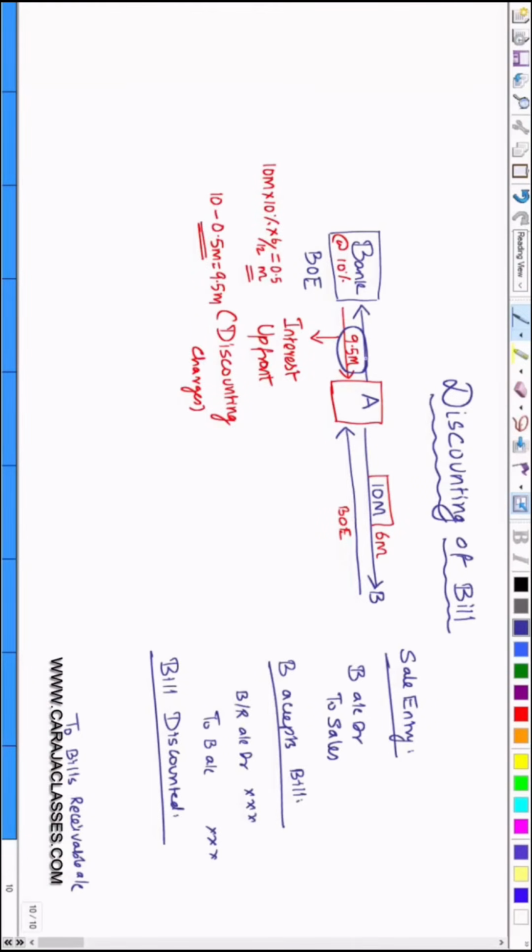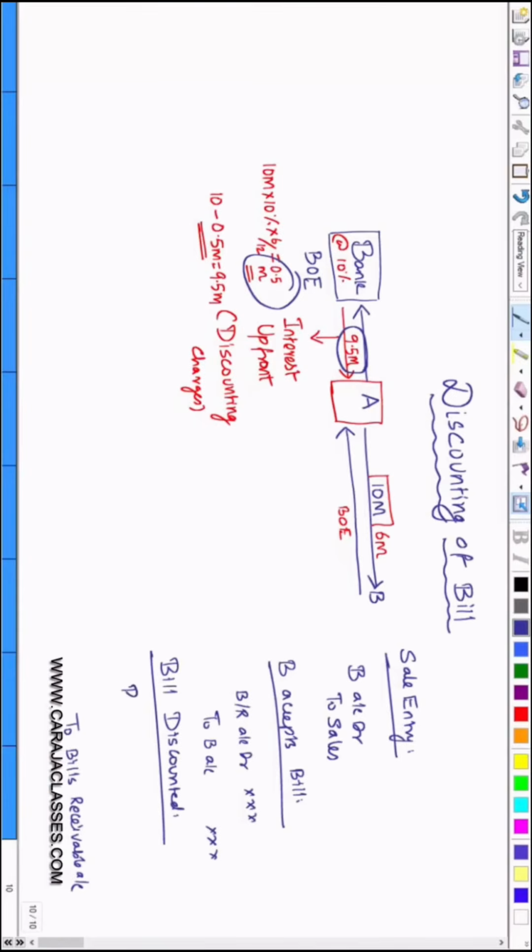Number two, the interest charges which have to be paid. So what is the amount that is going to be received? It will be only 9.5 million, and 0.5 million is going to be interest.